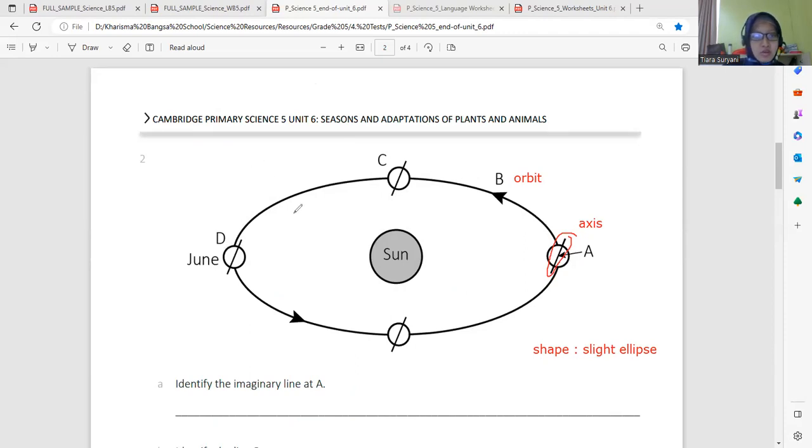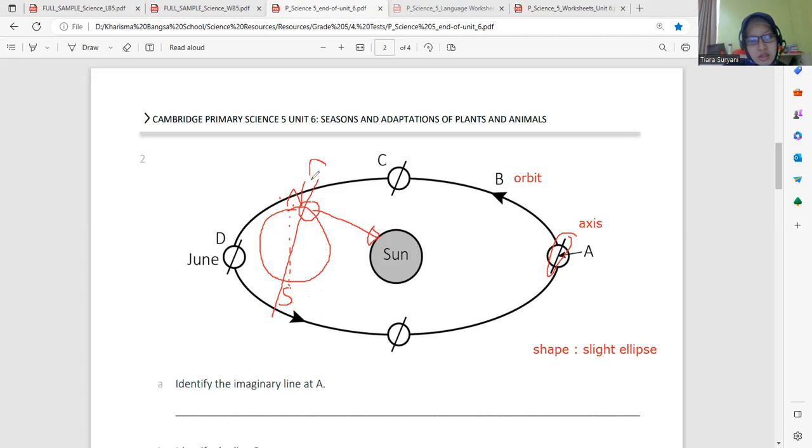Position D. Okay, so I need you to take a look closer. If this is the Earth and this is the axis, and this is the northern hemisphere, this is the southern hemisphere, North Pole or South Pole, okay, let's say. And if this is the line of light, so this part is facing the sun, right? And this part is not facing the sun.